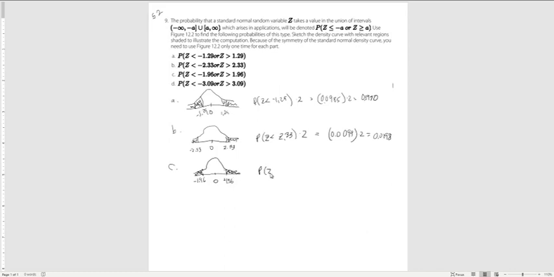So the probability that z is less than minus 1.96, times 2 again, because we have both tails. So the row minus 1.9 over to column 06 is 0.0250.